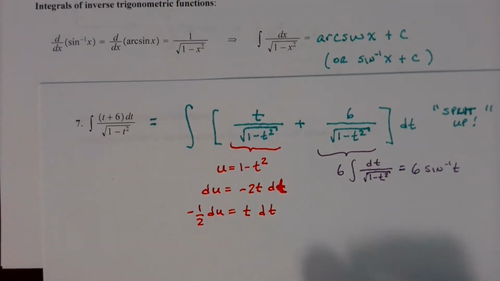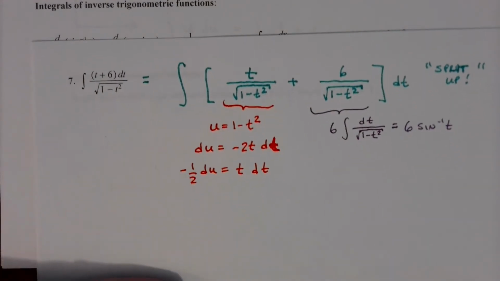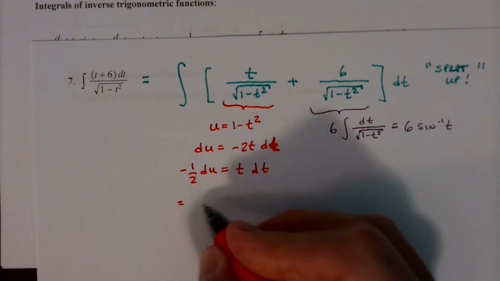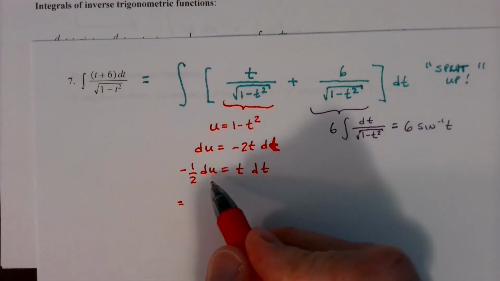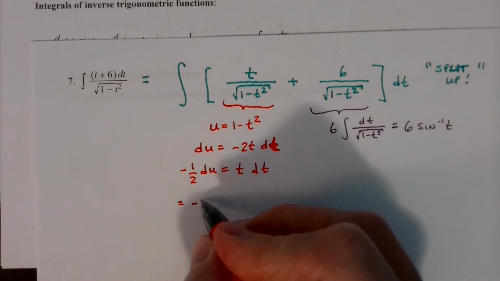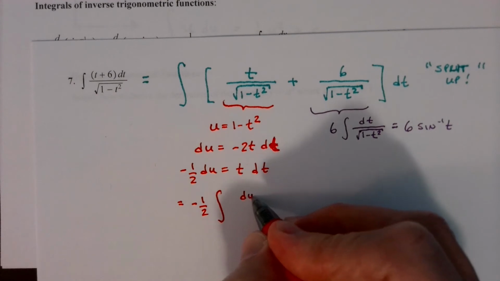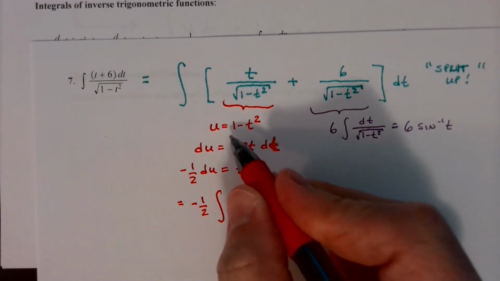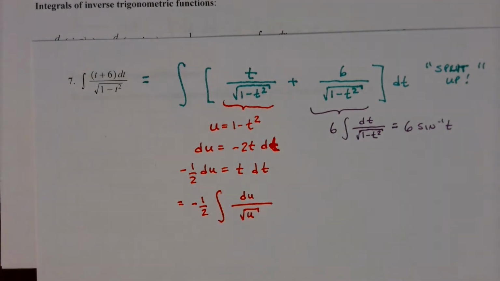Multiplying both sides by negative 1/2 gives me this. And so this integral here becomes t dt is negative 1/2 du. I'll pull that negative 1/2 out over the square root of u.